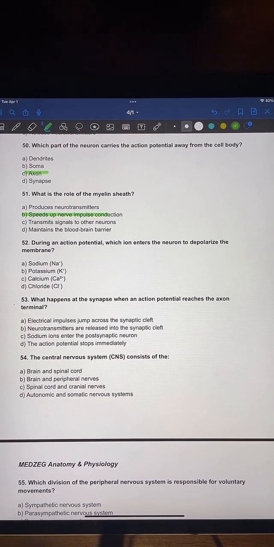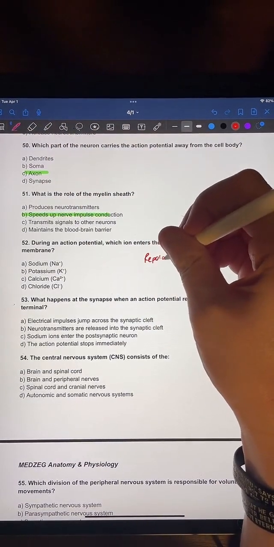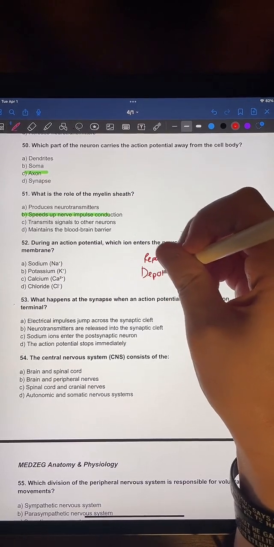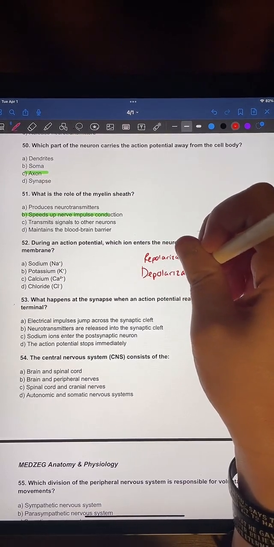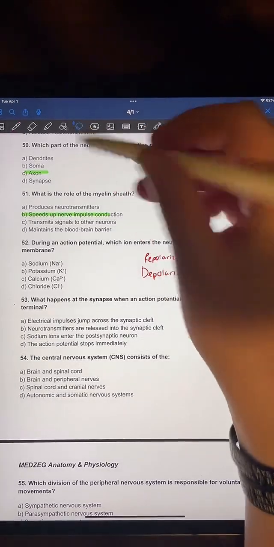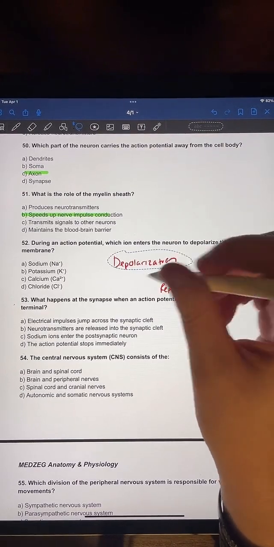During an action potential, what ion enters the neuron to depolarize the membrane? So an action potential has depolarization and repolarization.